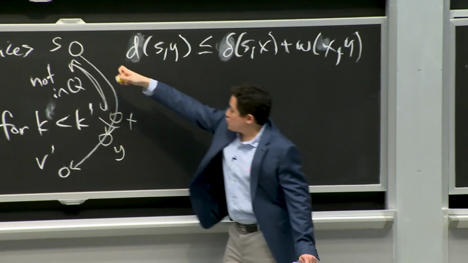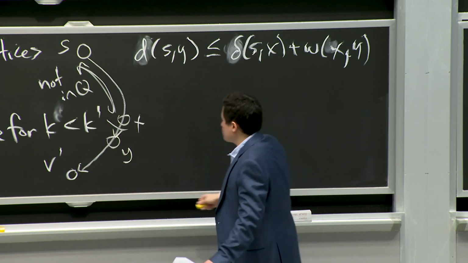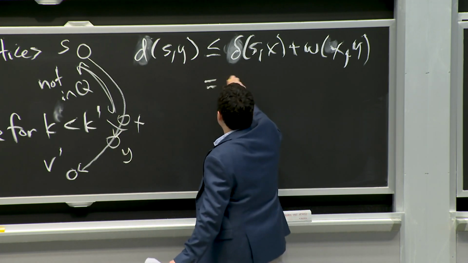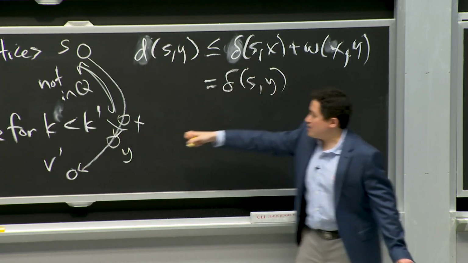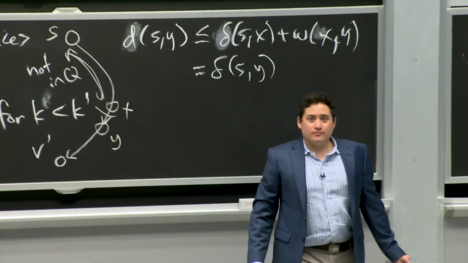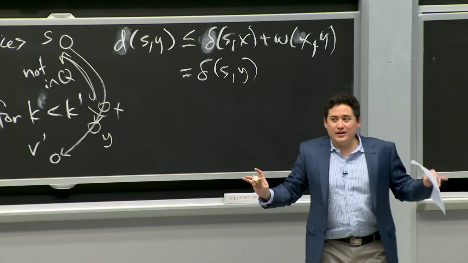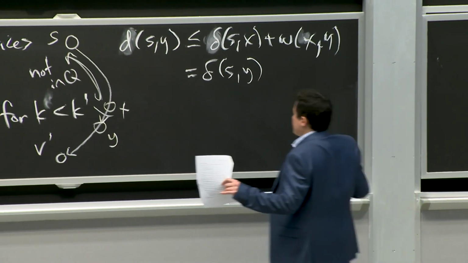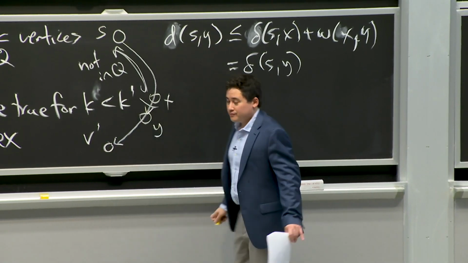But this is on the shortest path to Y, right? Because subpaths of shortest paths are shortest paths. So this has to equal d(S,Y), the distance to Y. So actually, Y is all good here. And so if v prime were Y, we'd be done. That's the same argument as DAG relaxation. But we need to prove something about v prime.